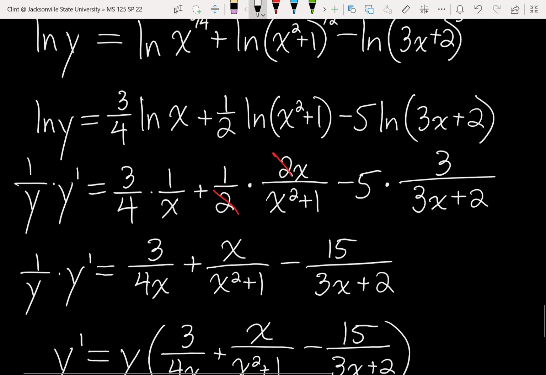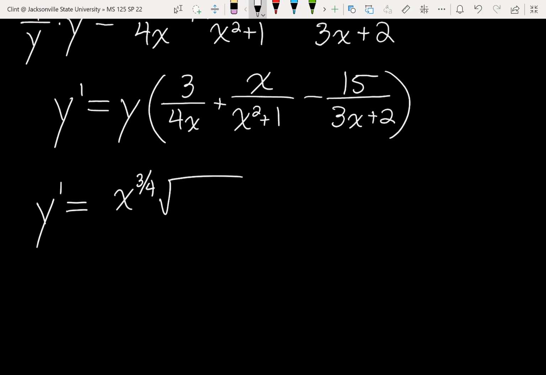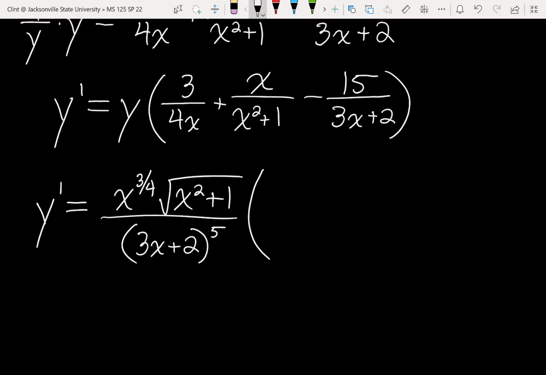So the final answer, in terms of only x, is an explicit derivative. It's kind of ugly, but I really don't want to imagine having to get it using product and quotient rule. So there's y times, yeah.